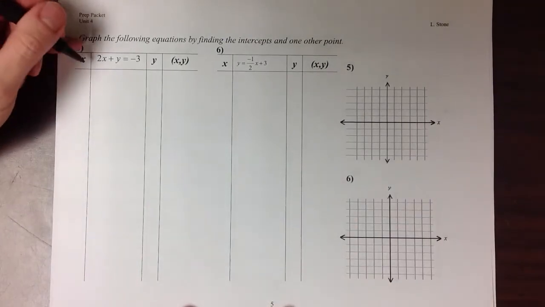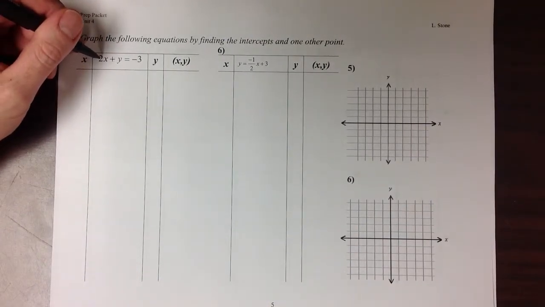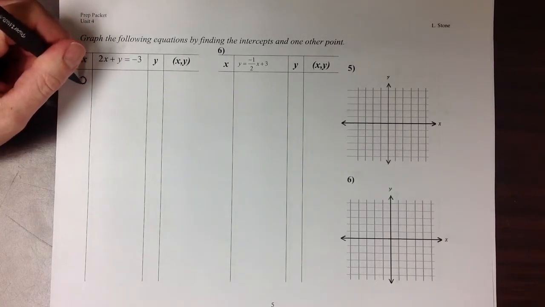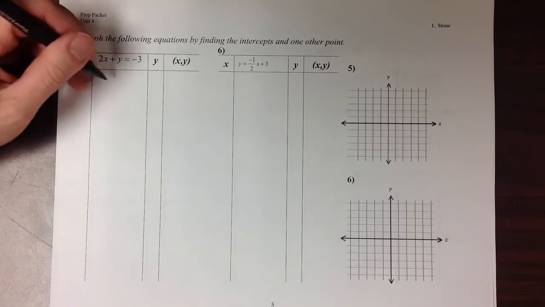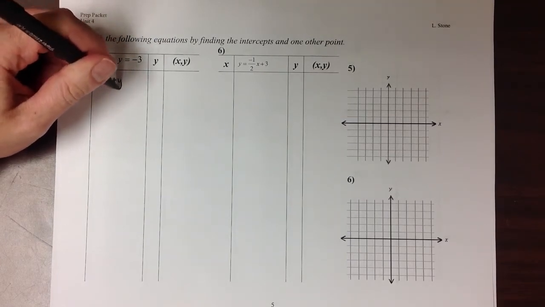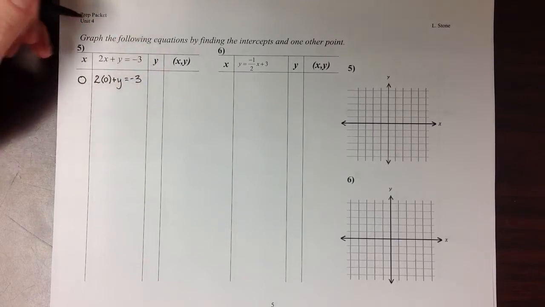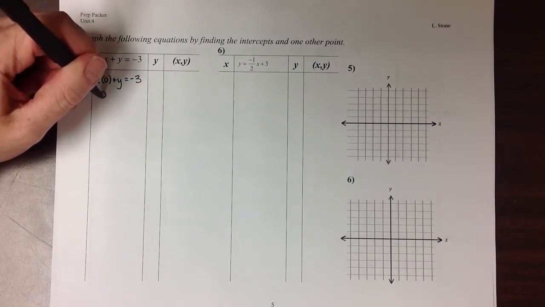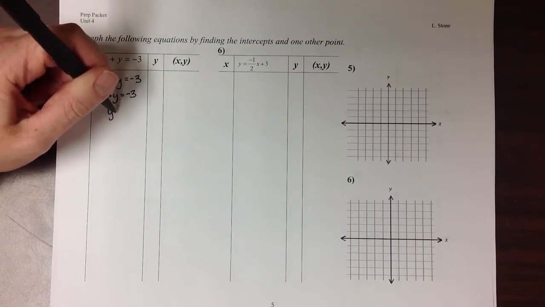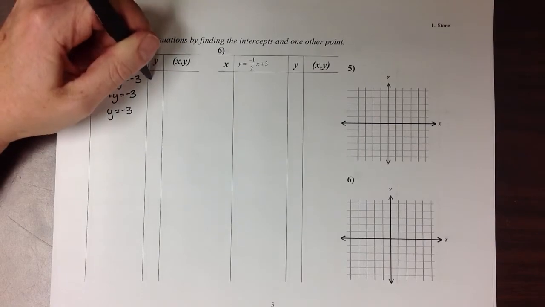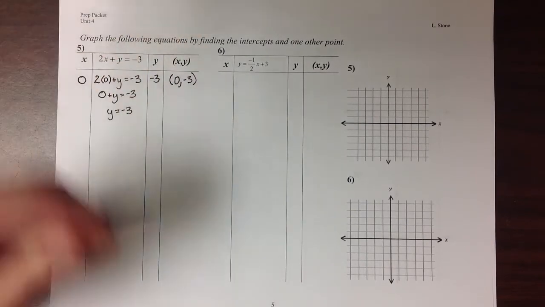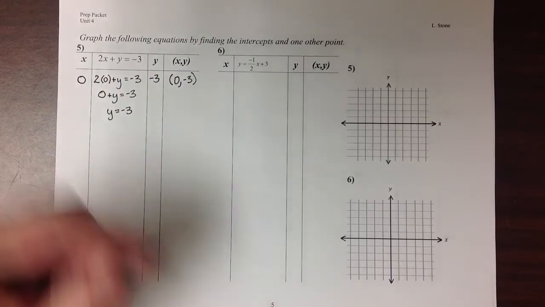The first problem we're looking at is the equation 2x plus y equals negative 3. So I'm going to start by allowing x to be equal to 0. So this is going to give me the y-intercept. So the equation I'm solving is 2 times 0 plus y equals negative 3. Well, that ends up being 0 plus y is a negative 3. So y is just equal to negative 3, giving me the ordered pair 0, negative 3.